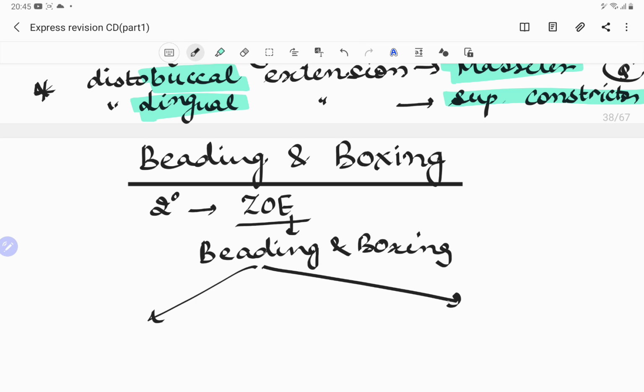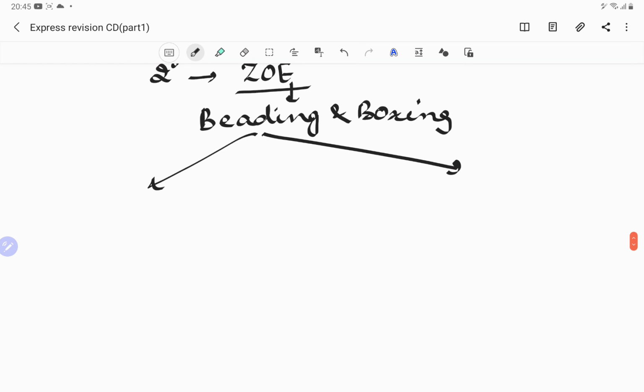One is using the caulking compound and another one is using the metal strip.